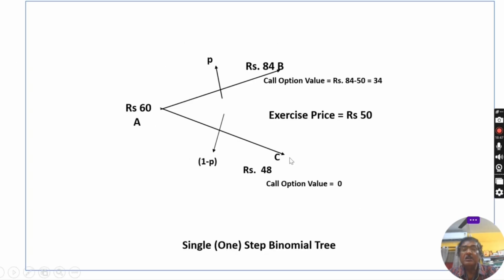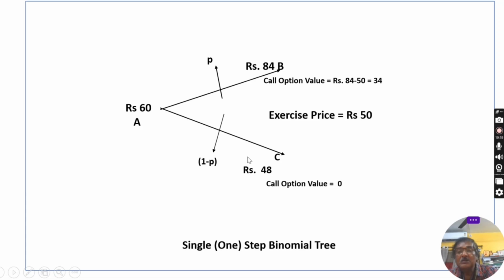You also prepare this tree, then it will be easy for you to solve the problem. This is the initial price, this is the final price, and this is the exercise price. I have already discussed all these terms. Then what is the call option value for this case when the price will be increased to this point? That will be 84 minus 50. This is the call option value if the price is increased. What is the call option value if the price is decreased?